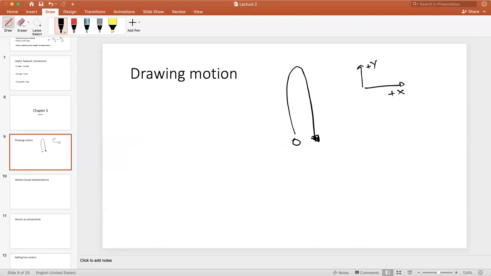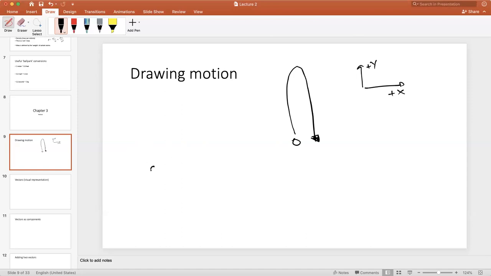So if I want to describe this motion, how do I do it? How do I take my drawing of a ball going up and down and turn it into a math equation? And how I do that is at each specific time, I draw a vector.